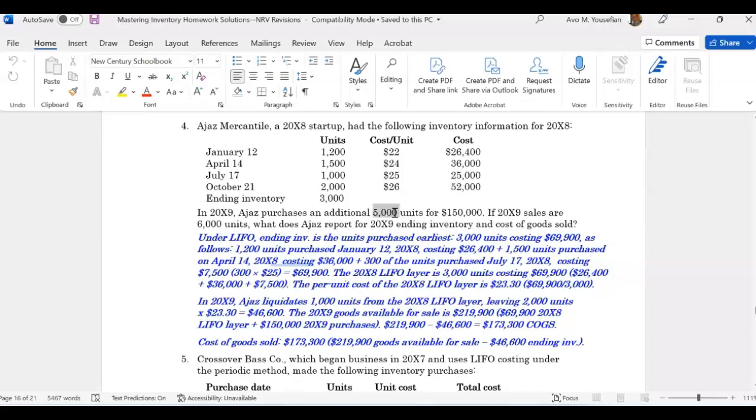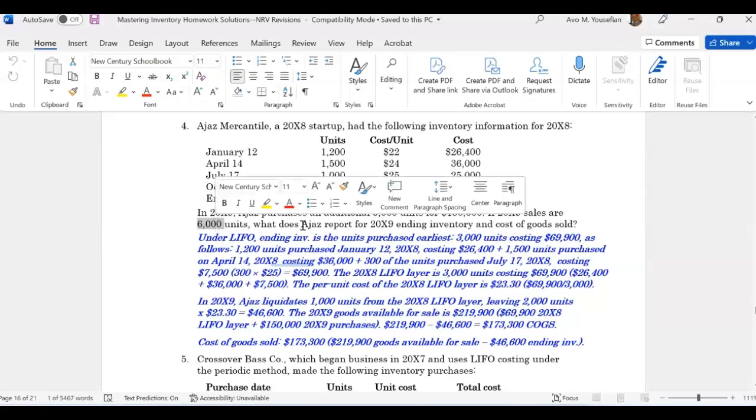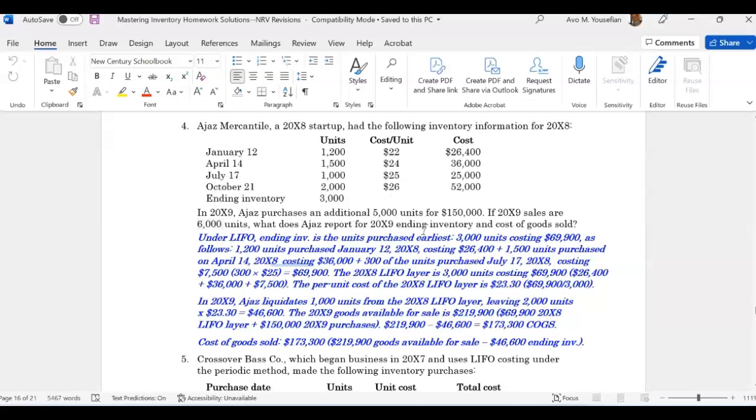In 2019, they purchased 5,000 units, but they sold 6,000 units. That's a LIFO liquidation because they liquidated the old LIFO layers from previous years. Make sense? What does the company report for 2019 ending inventory and cost of goods sold?